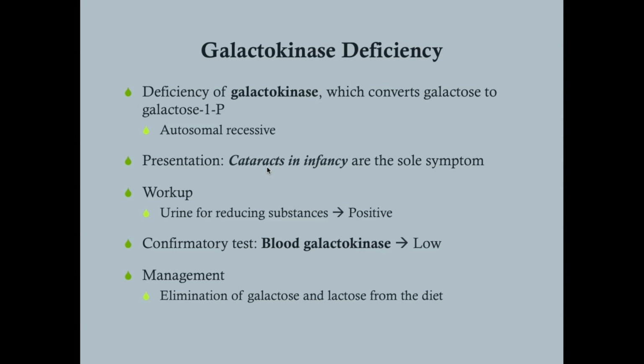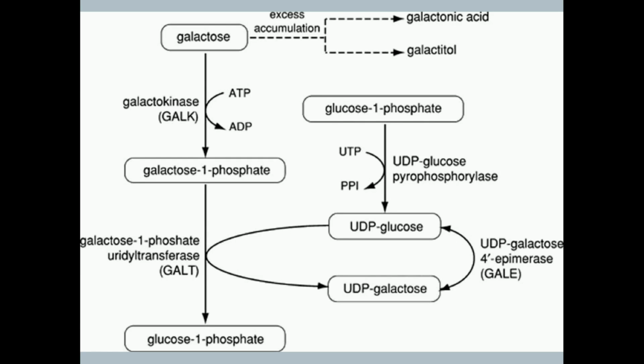Why do they get cataracts? I mean, you think galactose, why would that cause cataracts? The reason behind it, actually, is if you look at where this disorder is, you're going to have galactose accumulating in the blood, right? And that galactose is ultimately going to get to the aqueous chamber in the eye and the lens. And that galactose is going to get converted into galactitol, which is an alcohol form of galactose.